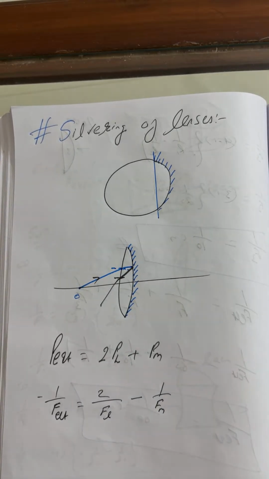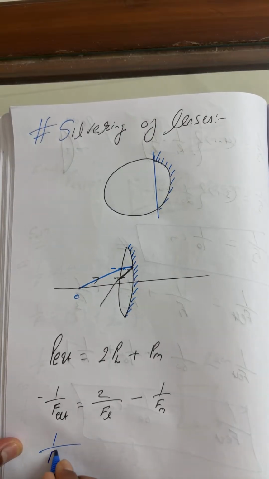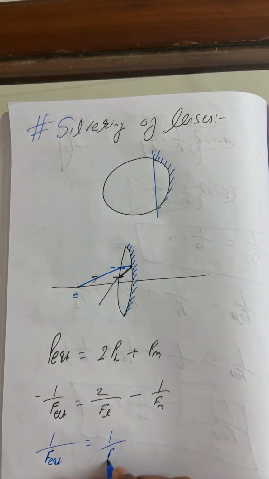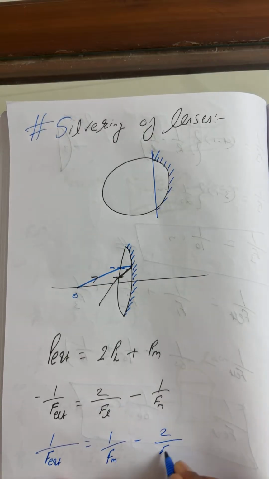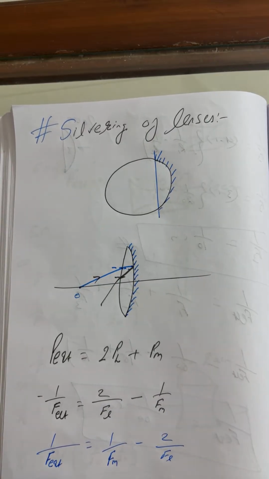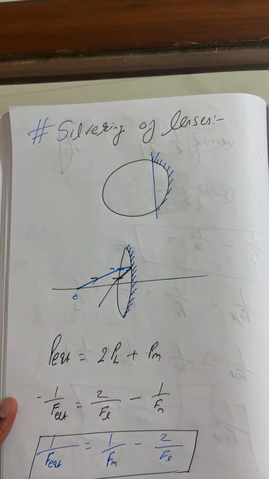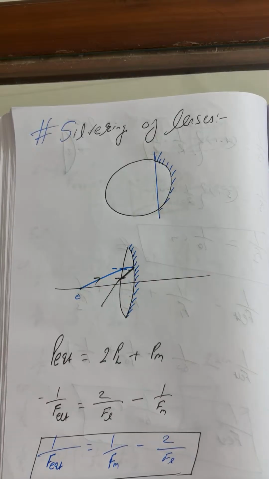Taking the minus common here, we can write 1 upon f equivalent equals 1 upon fm minus twice upon focal length of lens. So this is the point, beta, which you can keep in your mind. It's highly required, my dear.